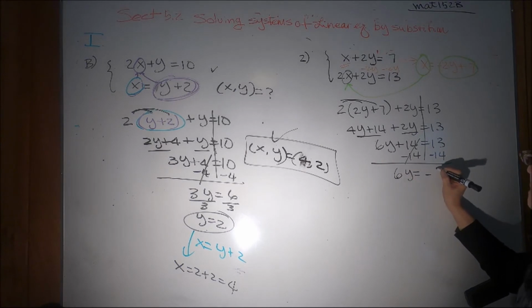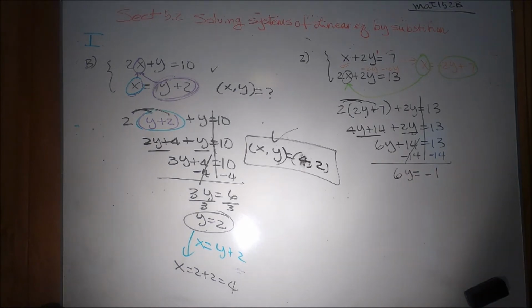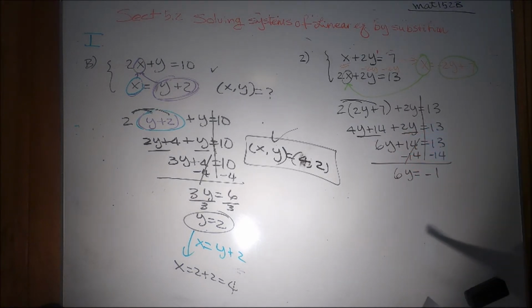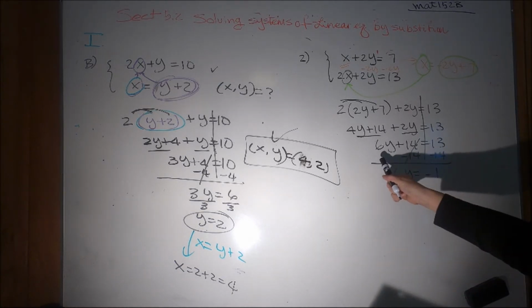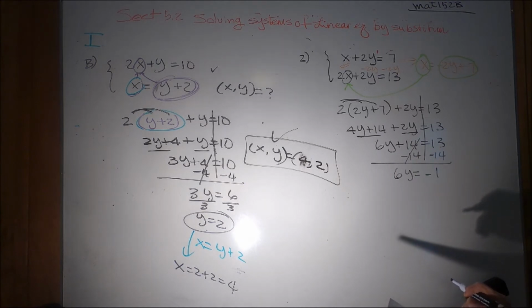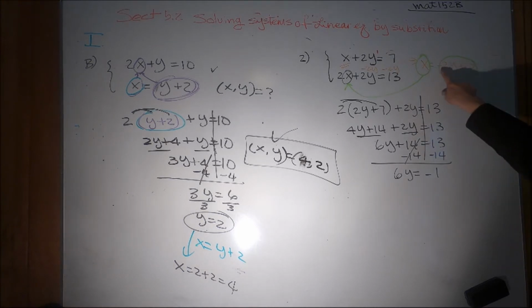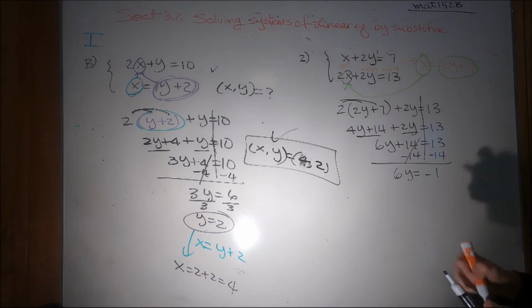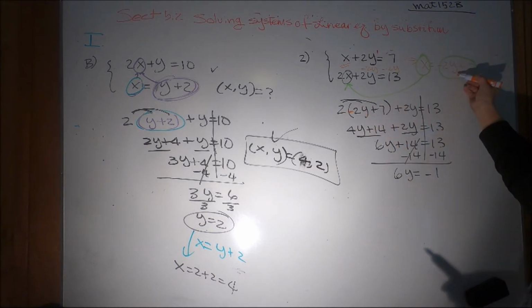Then move a number to the other side. 6y equals what? Negative 1. Is that right? Did I copy the question correctly? Yes. Oh, 2y. I was wondering. So what happened is, here is the 2, so I shall have 2 here, right?